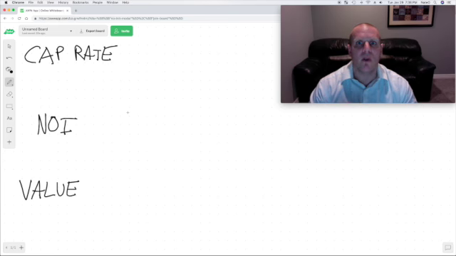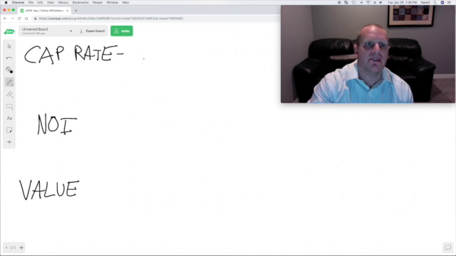But it's merely a way to compare commercial properties against each other and get a quick 1 year outlook on what the potential return would be, and then you can dive deeper and really figure out what the return is going to be. And cap rates range anywhere from 4% or 5% to 10%.